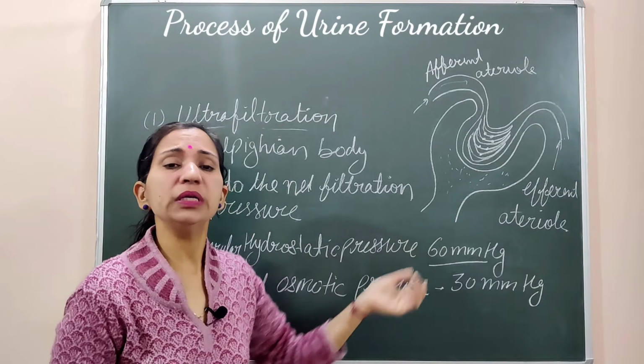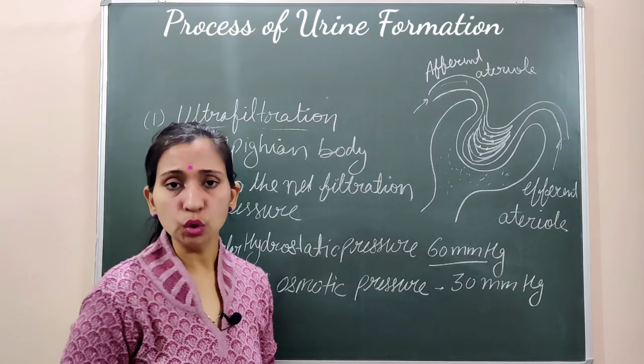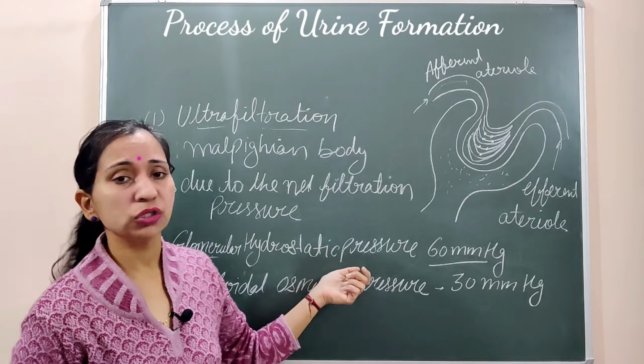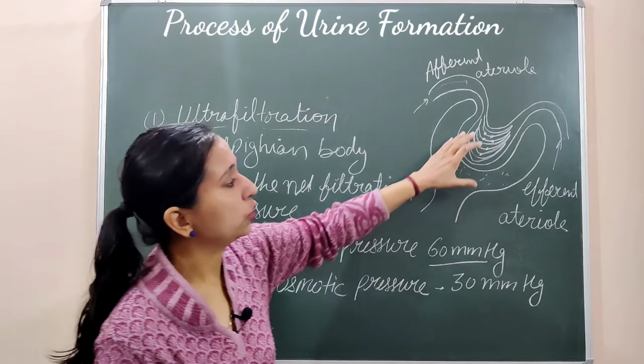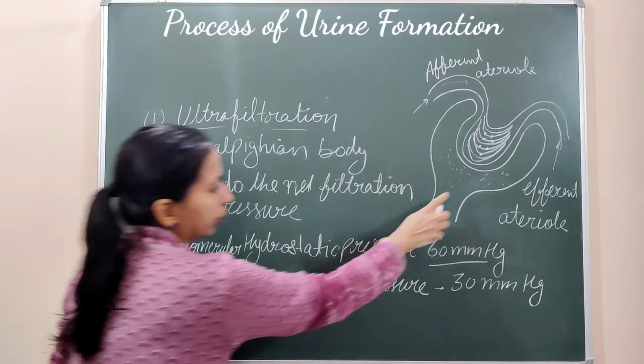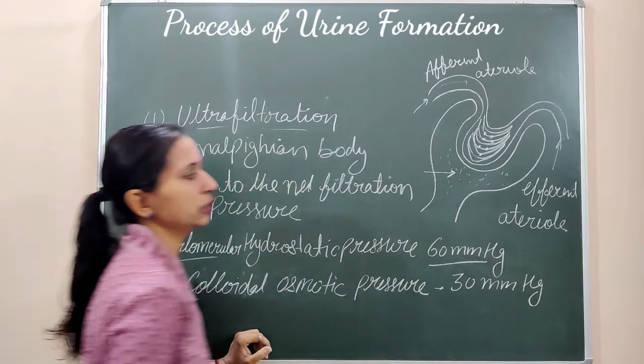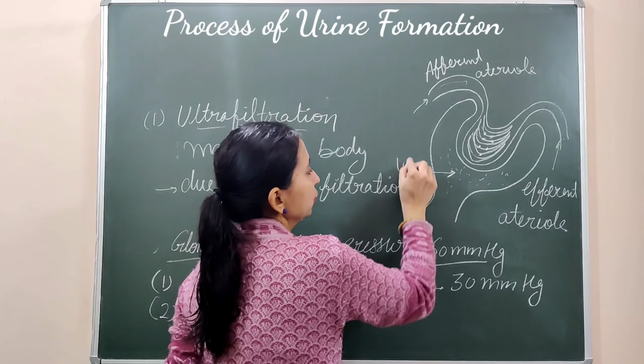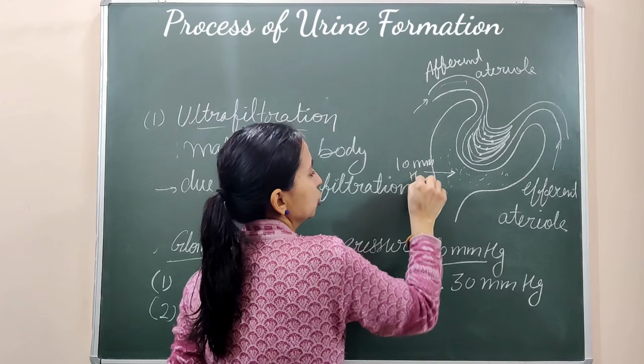So the fluid already present in the Bowman's capsule will also resist the glomerular hydrostatic pressure. It will work against the filtration of the blood. This is the fluid present in the Bowman's capsule, and the amount of this pressure is 10 mm Hg.